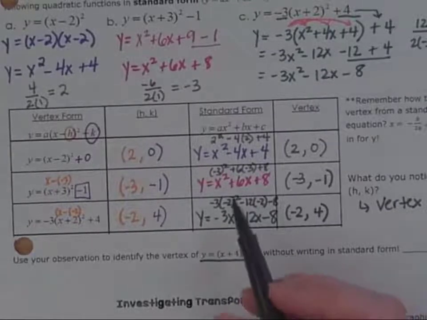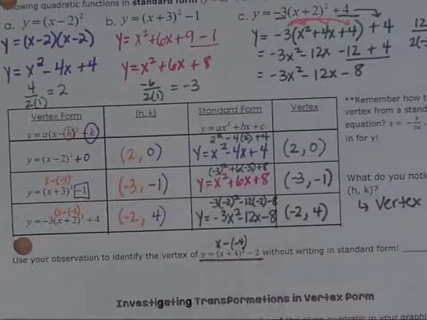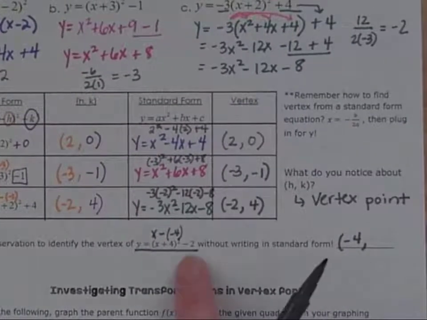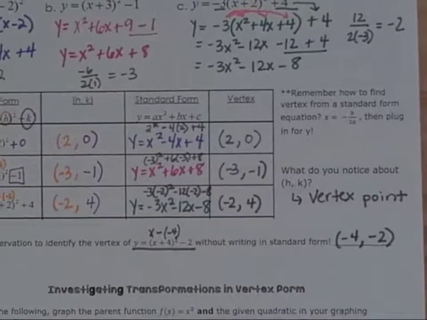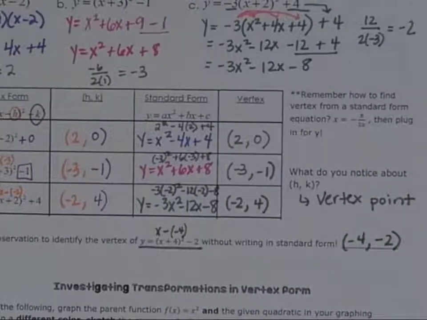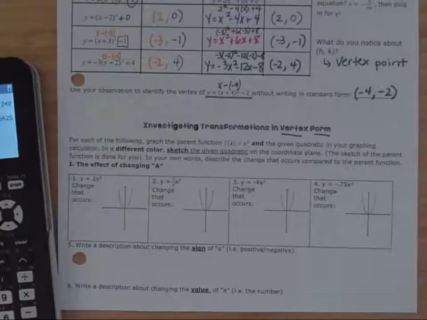So if H is my x value, x minus negative 4 gives me x plus 4, so negative 4 is my H, and my K would be negative 2. Okay? And that's going to be important when we talk about transformations.